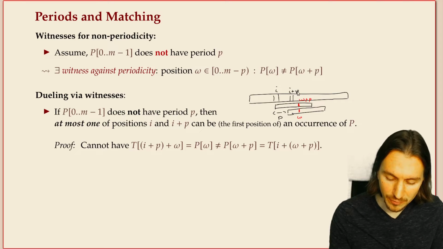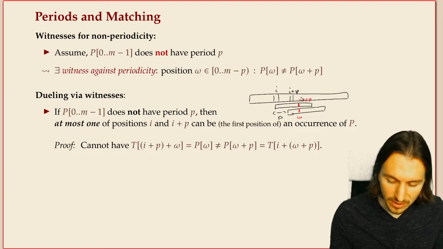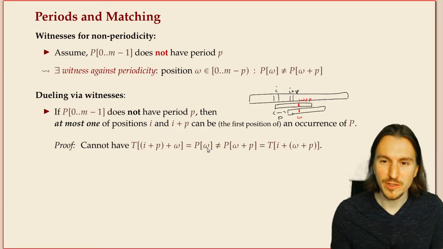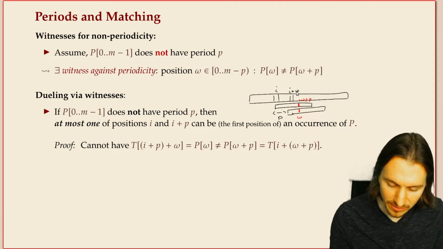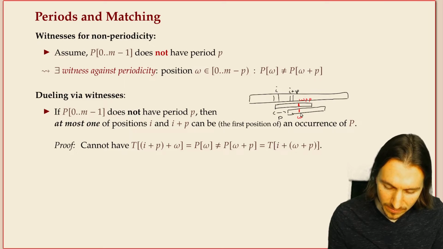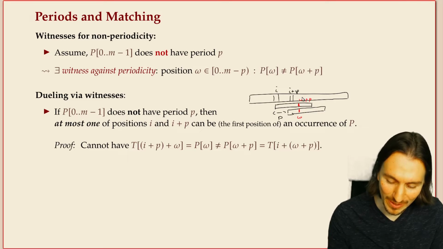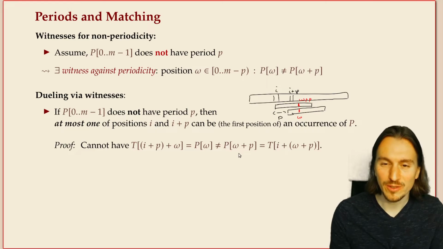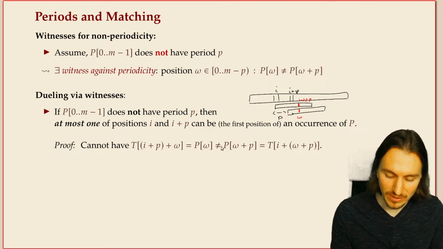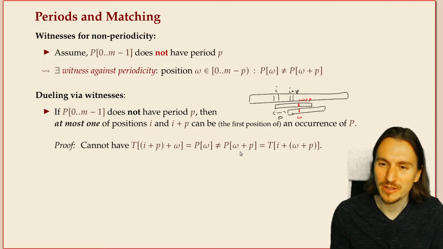In the text, I have to add the offset i plus p. This one can be the same as P of omega. If both were a match, this omega character would be aligned with that position in the text. But we know, because of this witness, that this position in the pattern is not the same as this other position in the pattern.